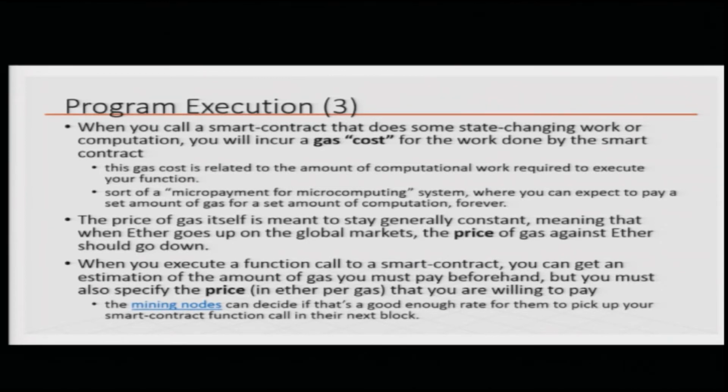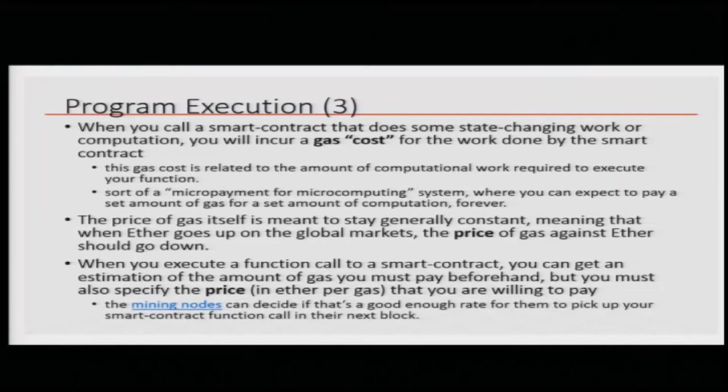You might also have to mention how much price you are willing to pay for the gas, and this is the way you might actually prioritize your transaction over other transactions, because when the mining node has to decide which transactions to put in the block, it might prefer the ones which are willing to pay more price per unit of gas.